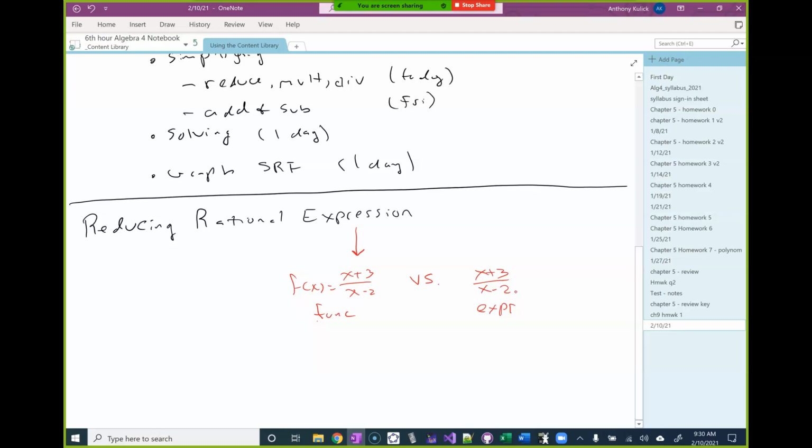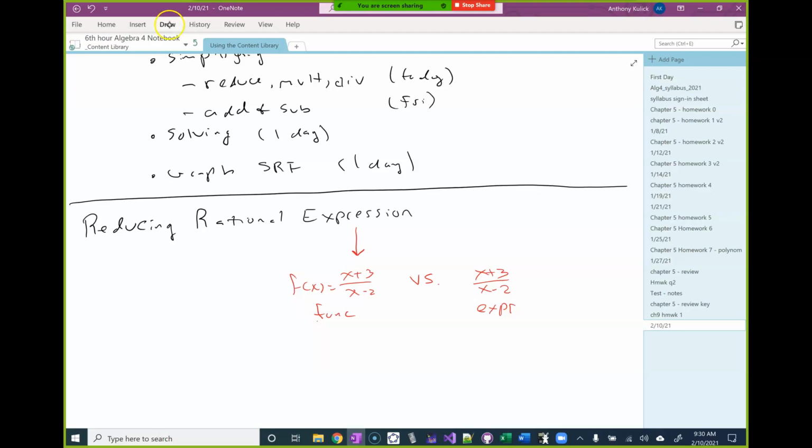Everybody's okay with that? That it's basically still kind of the same thing. You can't graph an expression. You can't solve an expression. You can't do anything like that with it, but it still looks very much like a function. You know what I mean? There's just not an input and an output space. There's just x's. Everybody's okay?